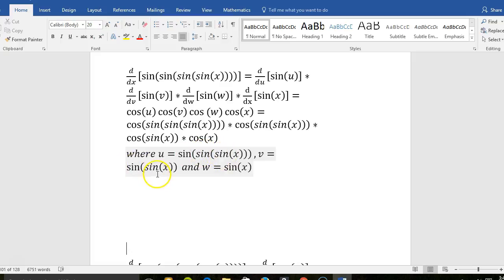There'll be 1, 2 in v, and there'll be just 1 in w. U, v, and w are not sacred. They're just letters that I chose because that's what I'm used to. You can choose them in different ways. You could let your w stand for my u. Just be consistent, okay?